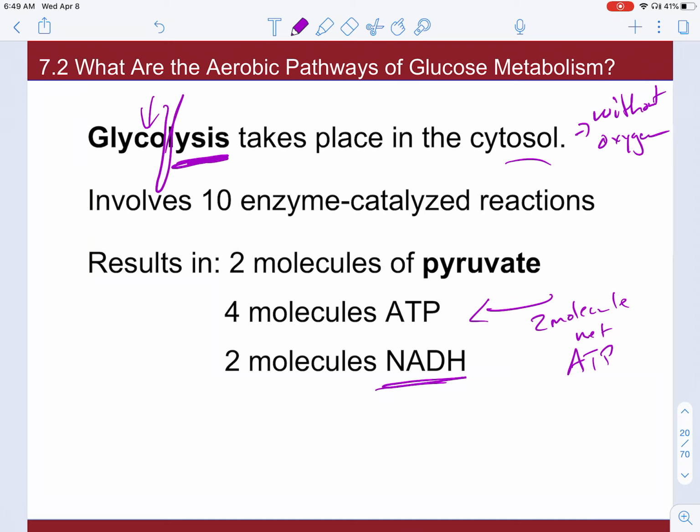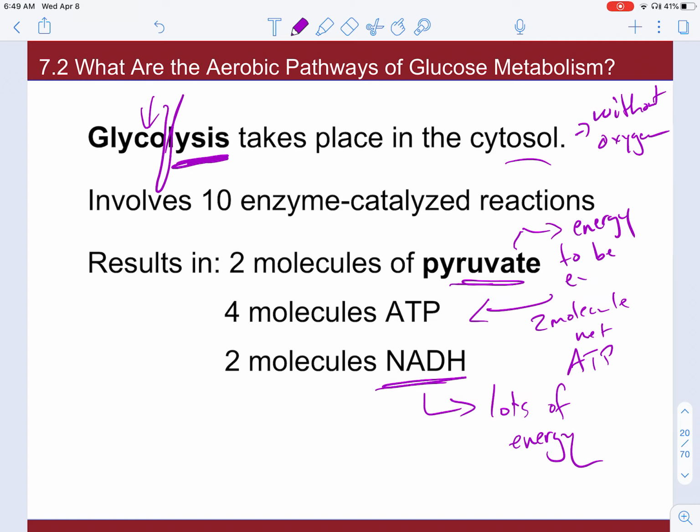It also yields two molecules of NADH, which has lots of energy, and two molecules of pyruvate, which has energy to be extracted, at least if oxygen is present.